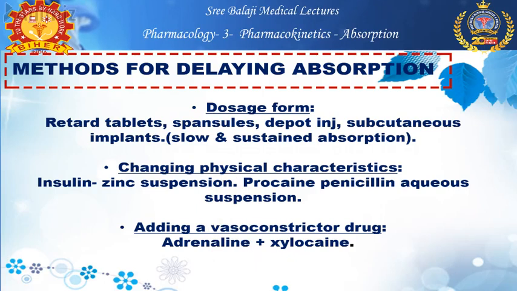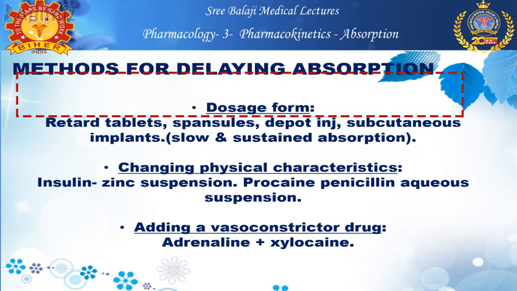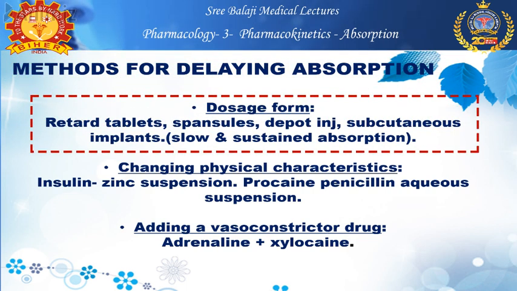So now we are moving to methods for delaying absorption. How can we delay absorption? That is by the dosage form. By modifying the formulation of a drug, the drug's absorption can be retarded.